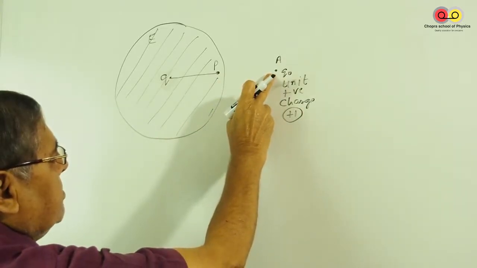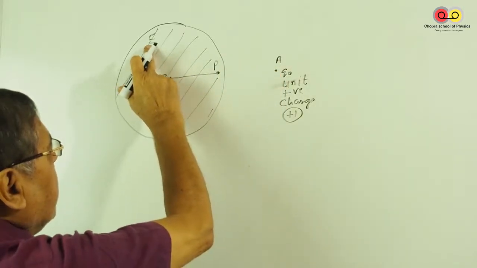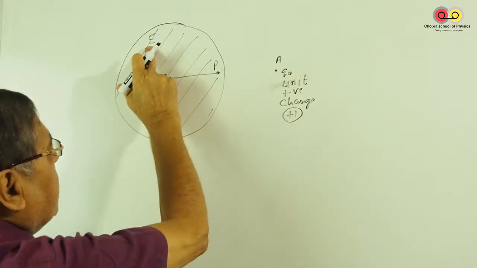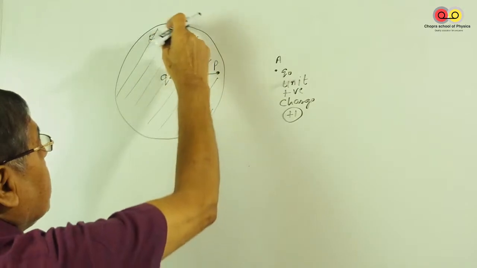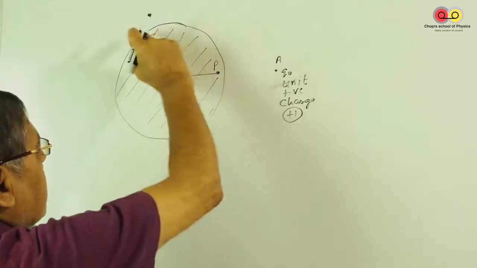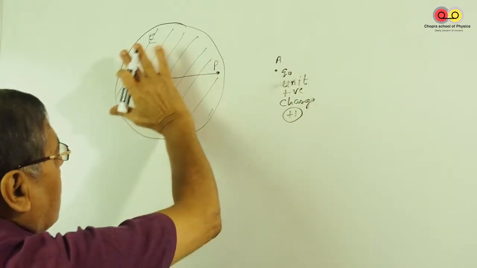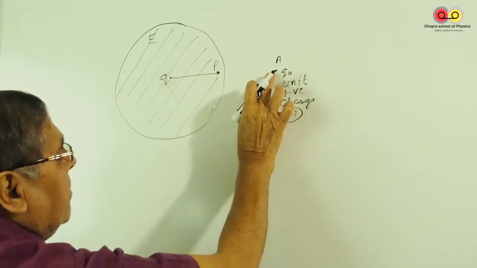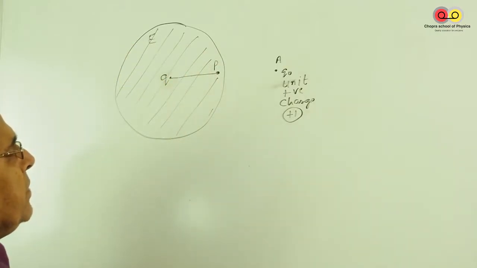This point is outside the field. This field was generated by Q. It will exert force, but that force exists only within this particular region around the electric field. So this charge is outside the field and will not experience any force from this electric field.